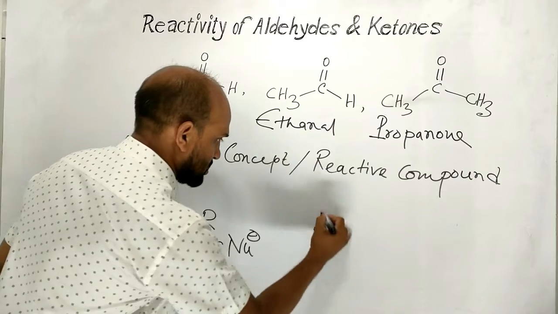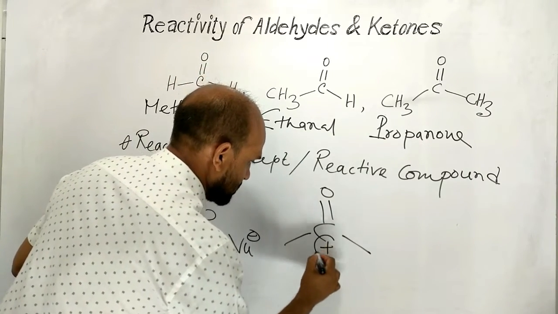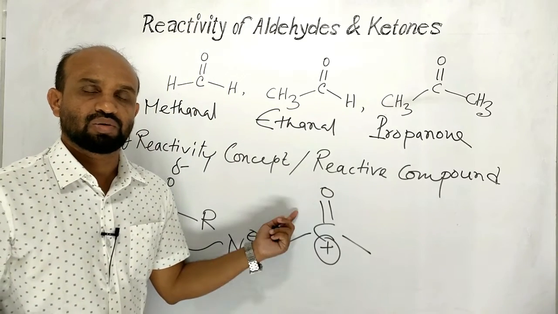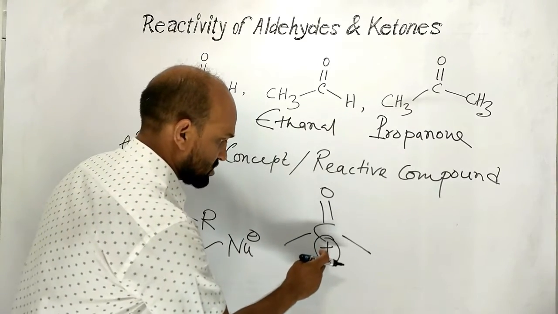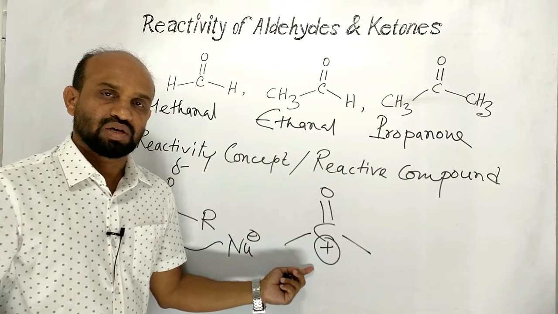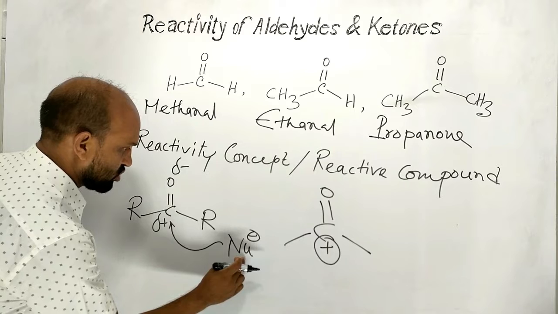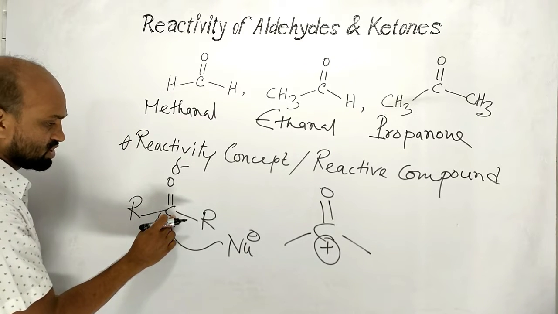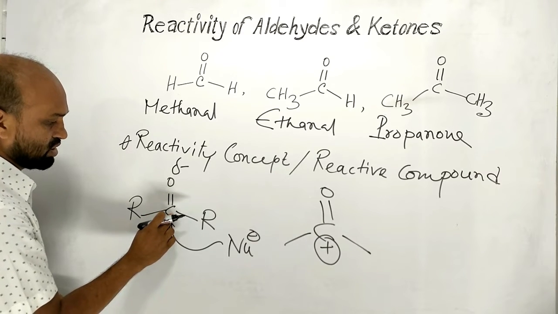That is, suppose this is the carbonyl carbon. Here if charge density is more, the carbonyl compound will be more reactive. If it is less in density, it will be less reactive. That is, the interaction between nucleophile and positively charged carbonyl carbon depends on the charge density of carbonyl carbon.